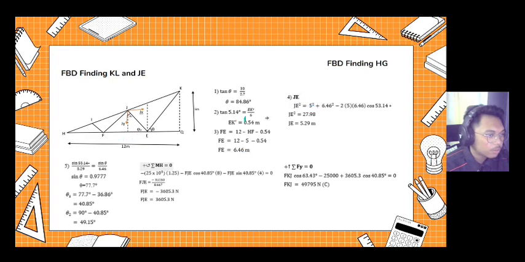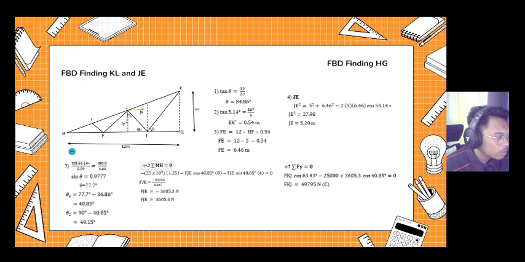And then we want to find JE. JE squared equal 5 square plus 6.46 square minus 2 times 5 times 6.46 cos 53.14 degree. So JE square, and then we take the square root, and we got the answer 5.26 meter. And then this one we do to find the theta.